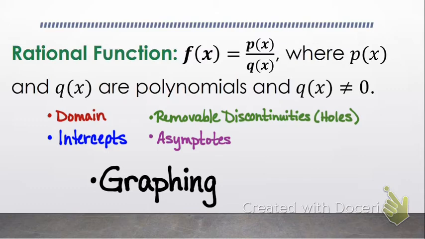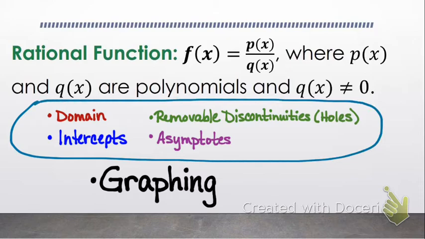We are going to be covering all of these pieces today, and then tomorrow we will focus on graphing. So those first three things that we're covering today, domain, intercepts, removable discontinuities, we've talked about all of those pieces before, so we're going to do kind of a brief review of those, and then we'll spend most of our time today talking about asymptotes.